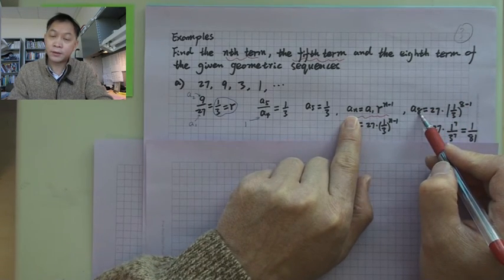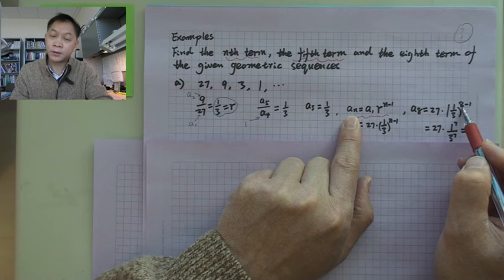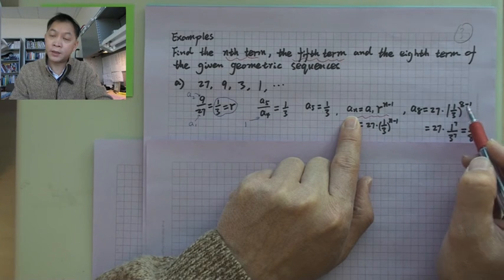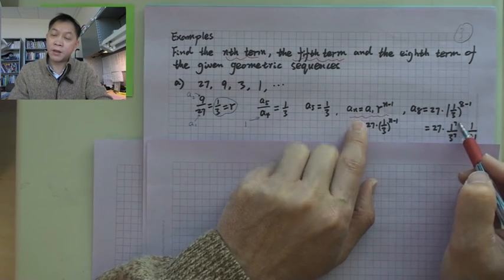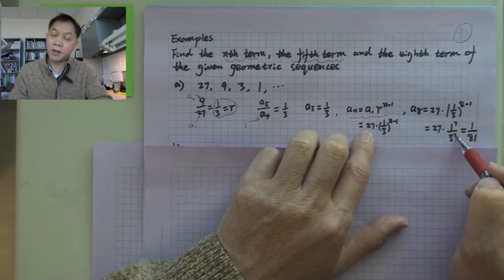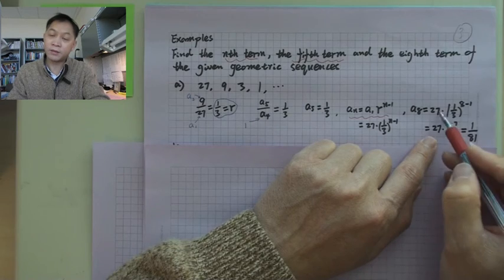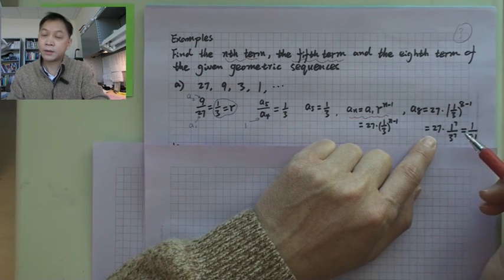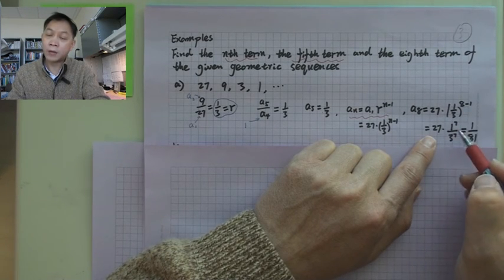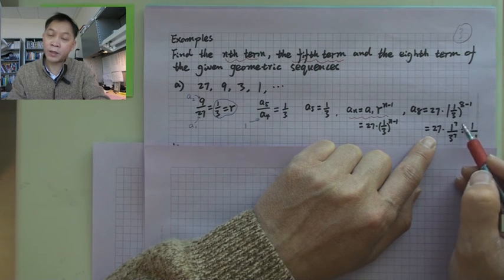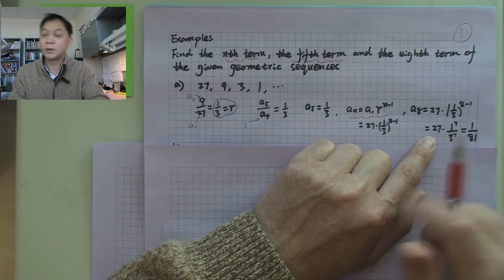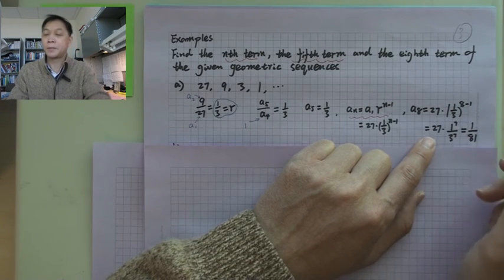You want A8. So here will be 8. 8 minus 1 is 7. 1 to the 7th, and 3 to the 7th. And then here is 27. And 1 to the 7th is 1 times 1 times 1, 7 times.